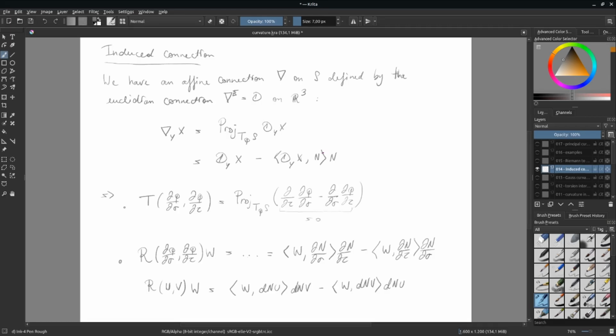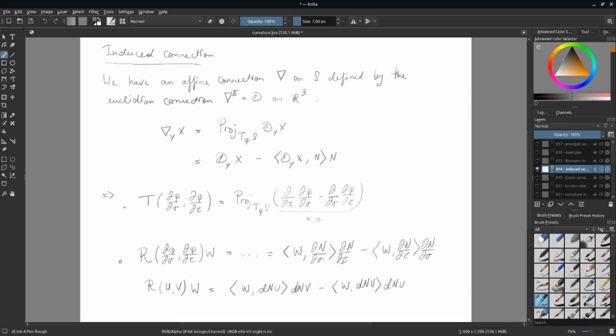The curvature is a bit more involved. So these three dots here do a lot of legwork. But if you crank the wheel enough, you eventually end up with something like this. So the curvature with respect to these two basis vectors on some vector field W, I can simply express in terms of the two vectors, dn times theta and dn times d sigma.